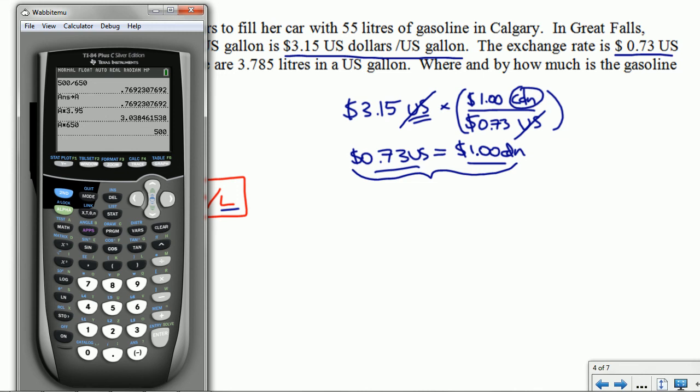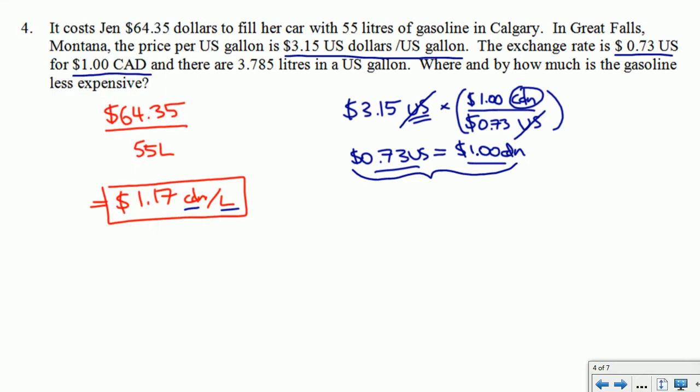So in order to do this calculation, we do 3.15 times 1 divided by 0.73. And that gives us $4 and roughly 32 cents. So $3.15 US is equivalent to $4.315 Canadian. And next we need to convert 1 gallon into a number of liters.